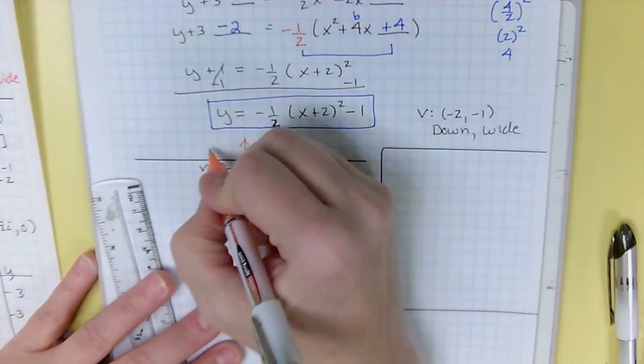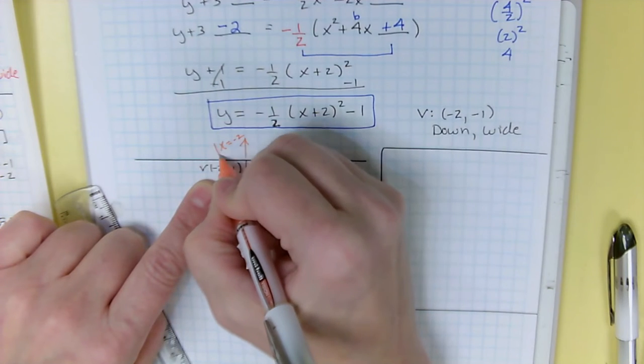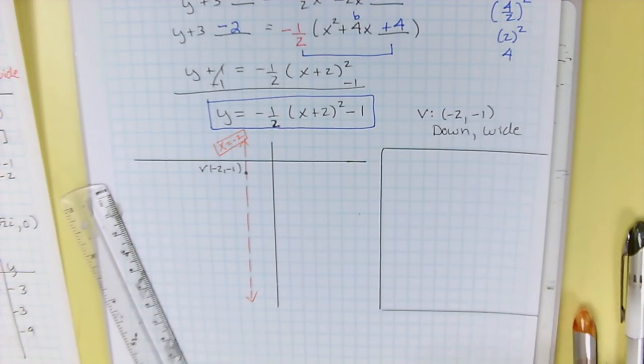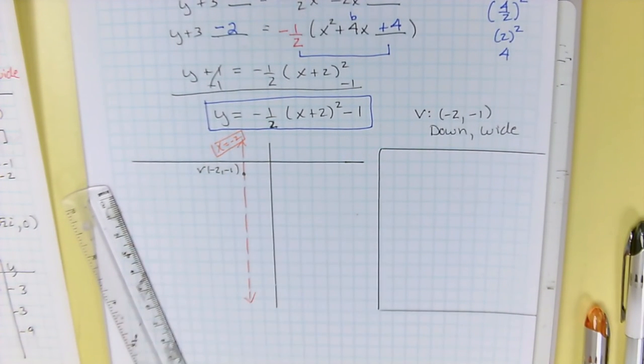My axis of symmetry, remember it shares the x-coordinate, so it's x equals -2. Now, since this is the vertex below the x-axis and it's opening downward, how many x-intercepts is this going to have? I have 1 vote for 1.